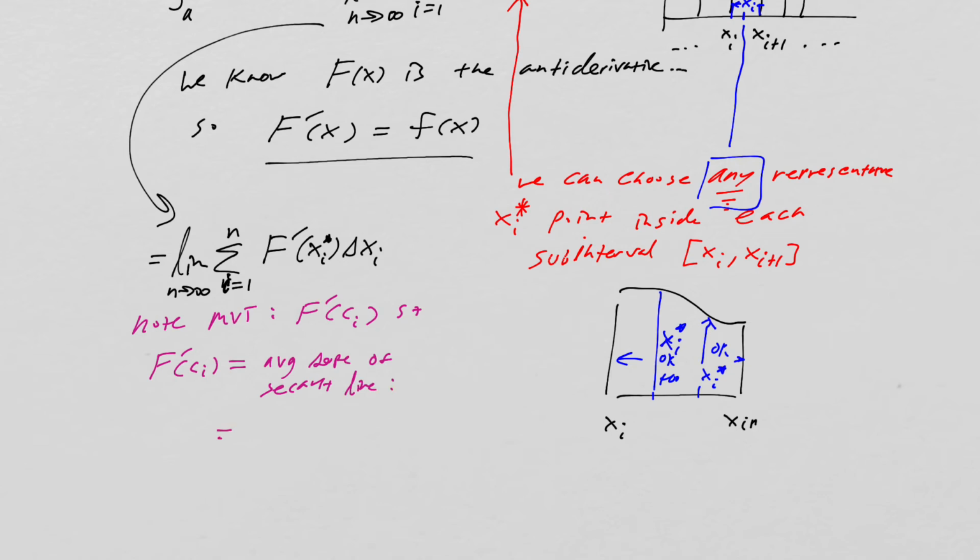In this case, it's going to be f at xi plus 1 minus f of xi all over delta xi.